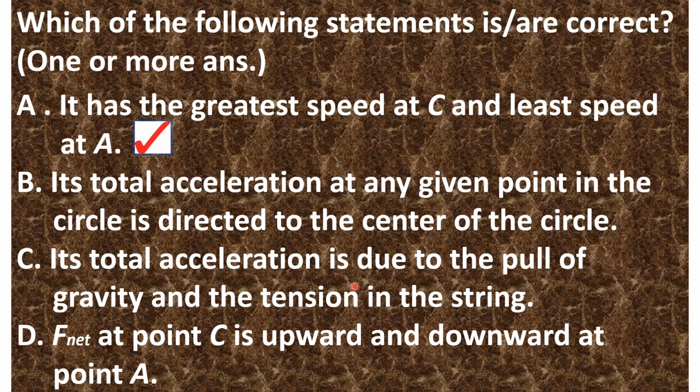In short, whatever is the net force, such net force will also cause the body to have a total acceleration. And we said earlier that the net force is just the vector sum of the pull of gravity, mg, and the tension of the string. So, this statement, or option letter C, is also correct.